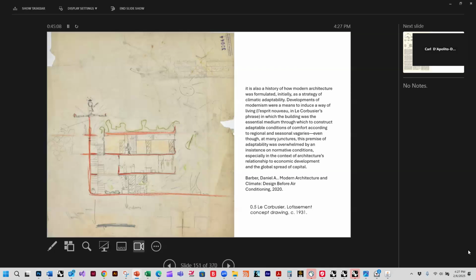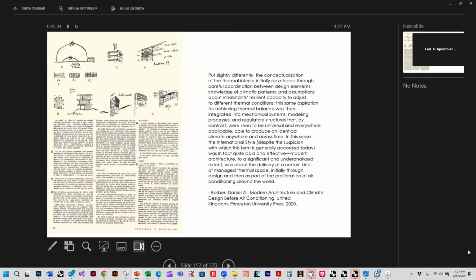And yet there's a tension there between modernism's adaptability to the locale and its proliferation of a universal climate condition on everything.